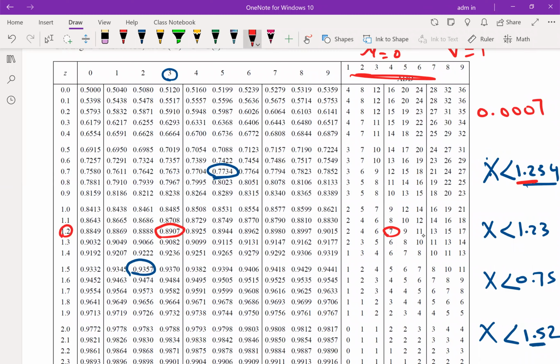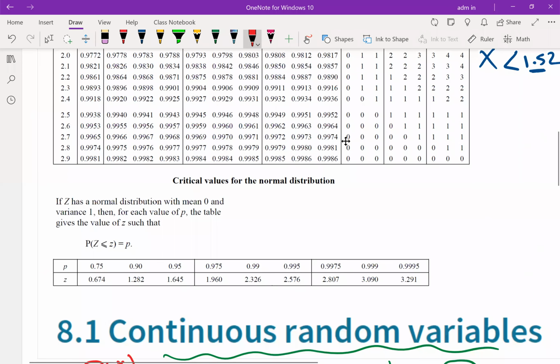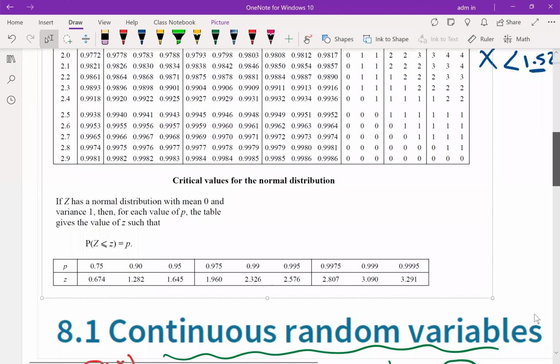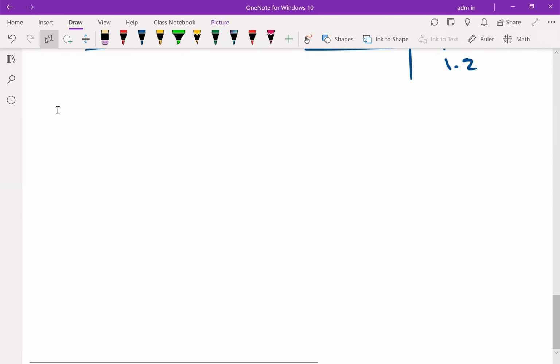Add it to the previous one: 0.89 plus 0.0007. Again, I will explain questions including whole numbers, 1 decimal digit, 2 digits, 3 digits.